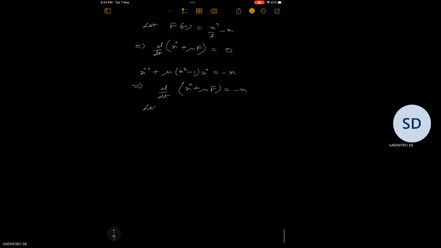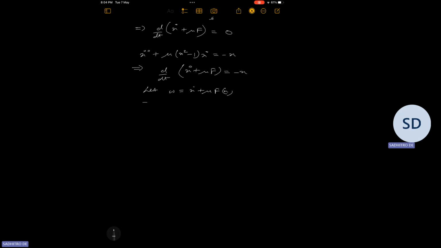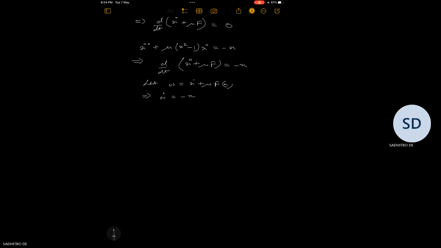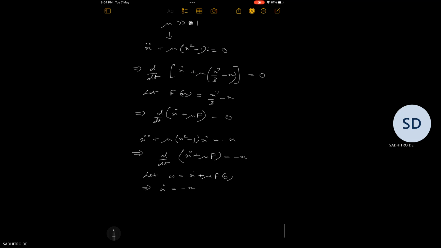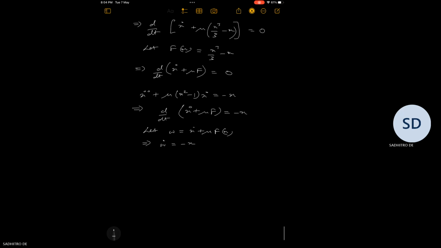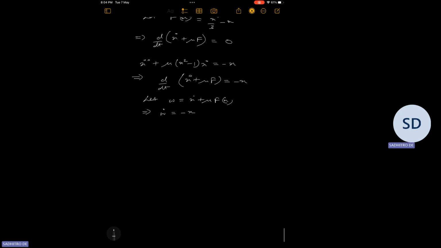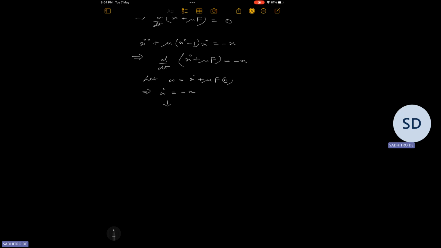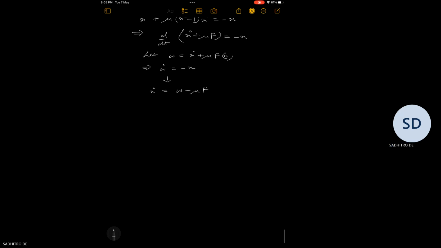So now, if we define a quantity like that, then u dot equal to minus x, or in other words, the Van der Pol equation can be written in terms of the following coupled equations: x dot is equal to w minus mu f, w dot equal to minus x.